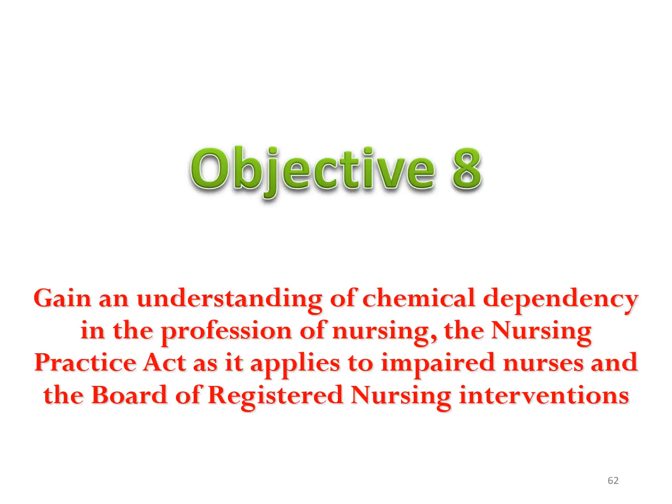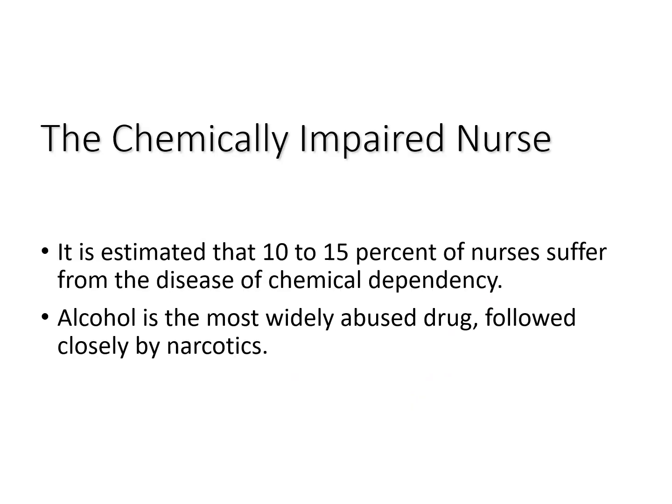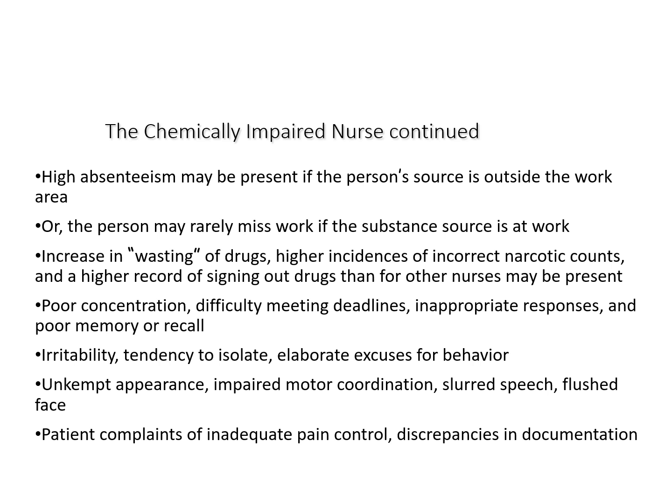Objective 8: gain an understanding of chemical dependency in the profession of nursing as it applies to impaired nurses. It's estimated that 10 to 15% of nurses suffer from chemical dependency. Alcohol is the most abused drug, but narcotics are not far behind. These are symptoms of somebody who might be a chemically impaired nurse, just like anybody else in any field.